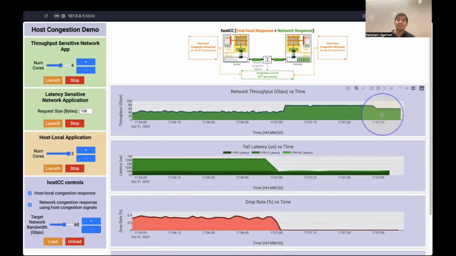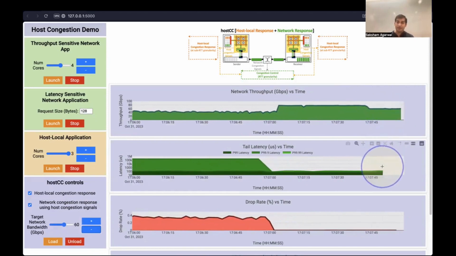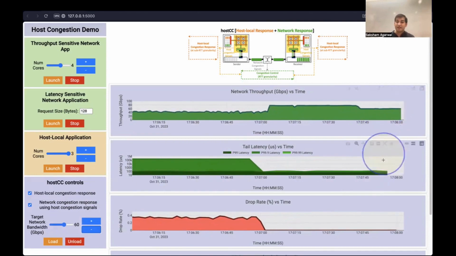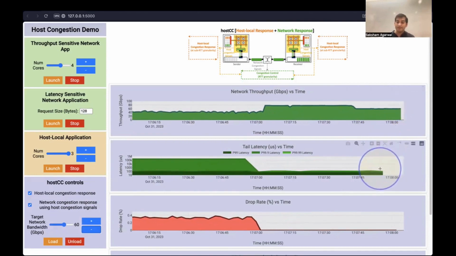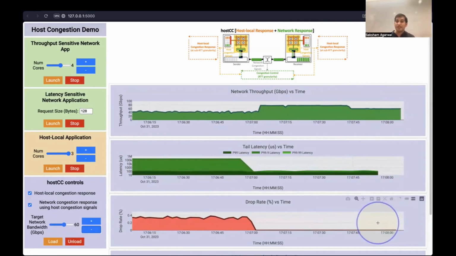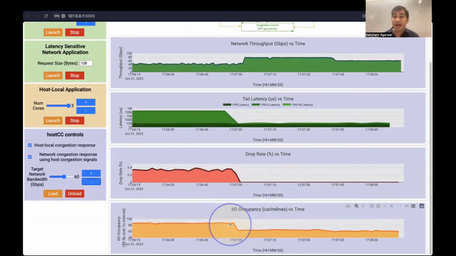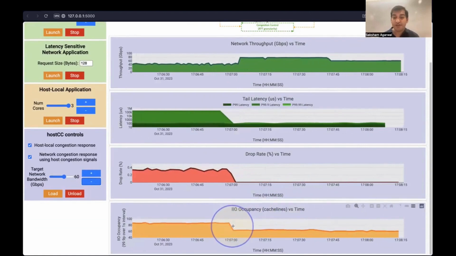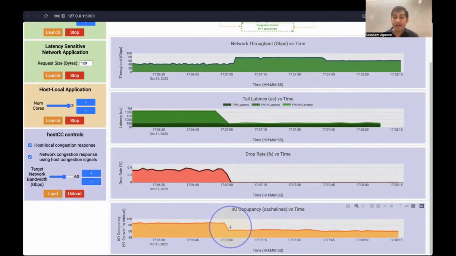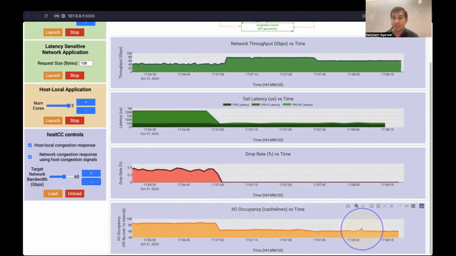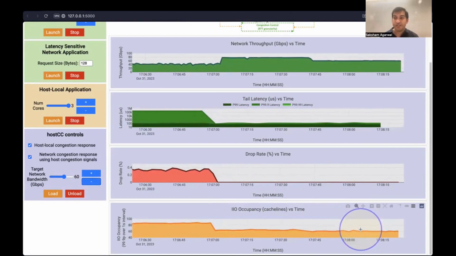And using all the design ideas together, HostCC ensures that while achieving the desired target rate, the latencies remain low, and the drop rates are also low. We can see from the IO occupancy, as soon as HostCC was turned on, the IO occupancy values are reflecting that there is no host congestion happening when HostCC is turned on.